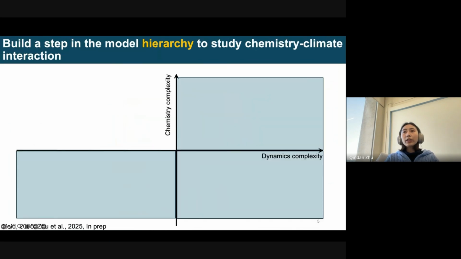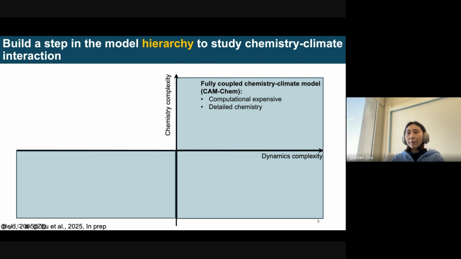Therefore, in my project to address this question, I built a step in the model hierarchy to study this chemistry-climate interaction. If I lay out the current models within the CESM2 framework, with the complexity of the dynamics on the x-axis and complexity of the chemistry on the y-axis, I find there are only three quadrants fulfilled.